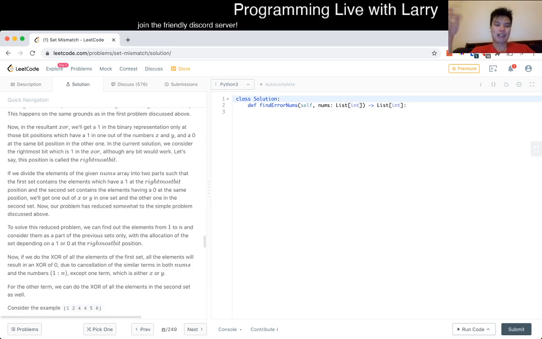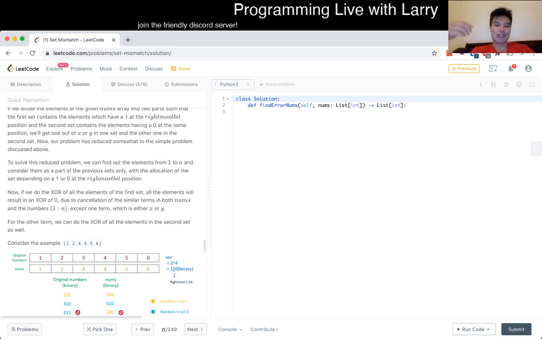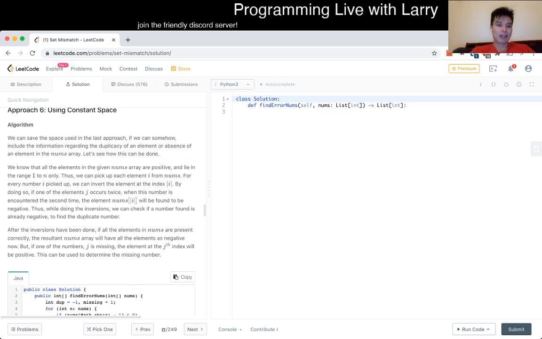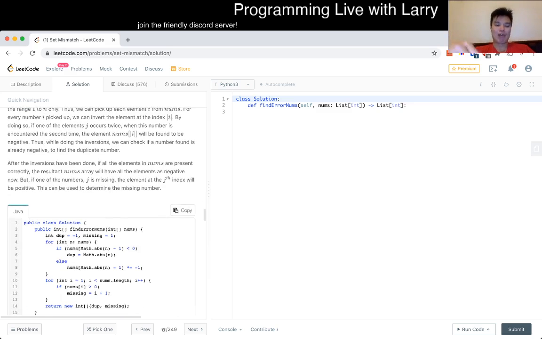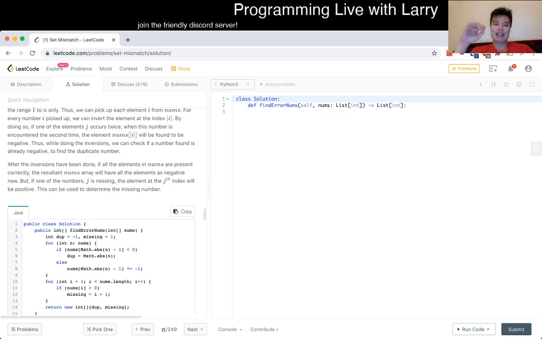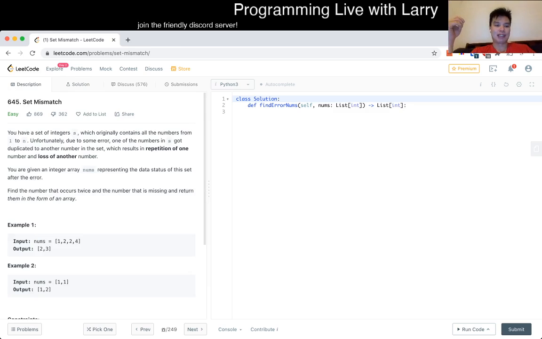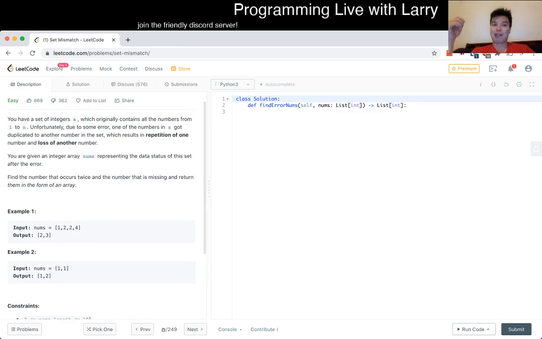And then you could either do what we did to get the other number, or there's a couple of ways to get the other number once you have the number. And then this one is just a way. Actually, this idea is pretty cool. It's just I don't think about it enough because I don't usually generate in-place algorithms, because I think it doesn't really make sense to modify the input array.